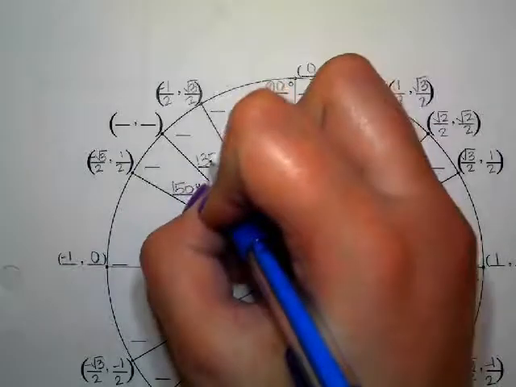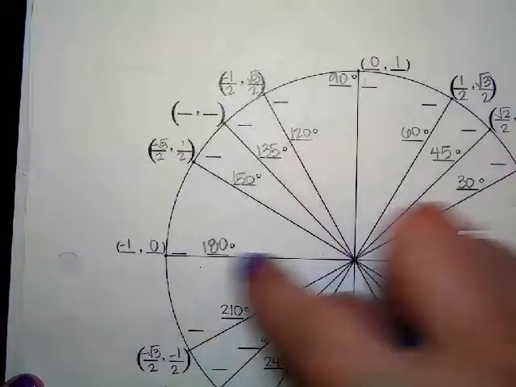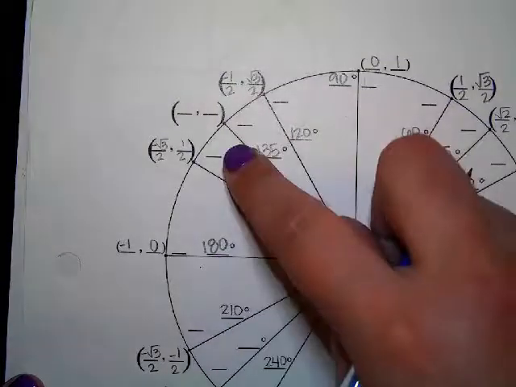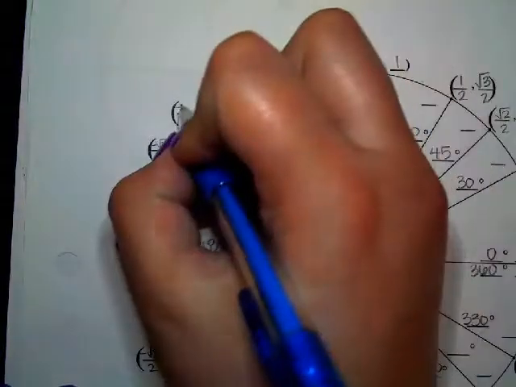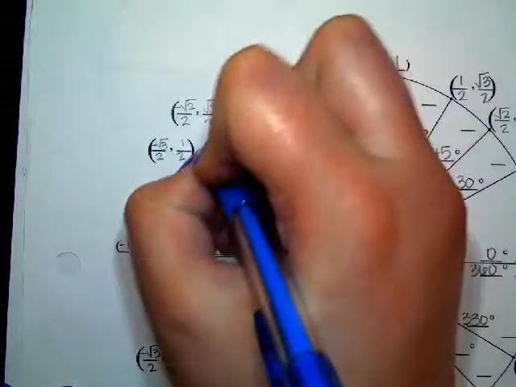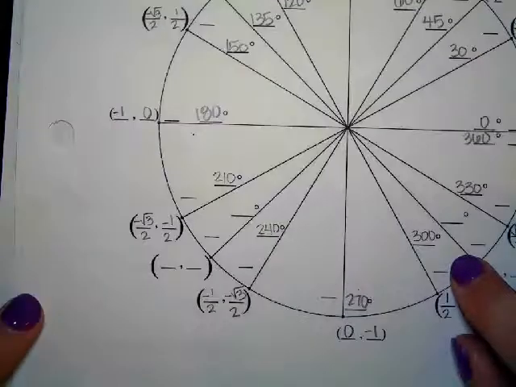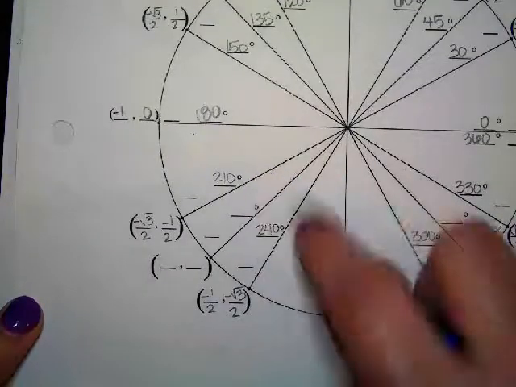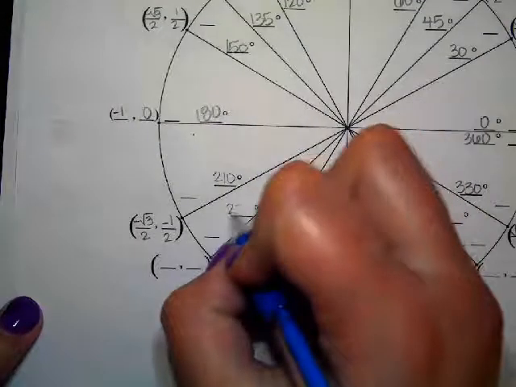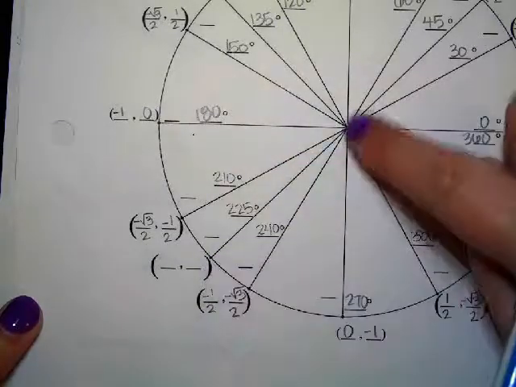To get that point, we go left root 2 over 2, up root 2 over 2. Between 210 and 240, we have a 225-degree angle. To get to this point, we go left root 2 over 2, down root 2 over 2.